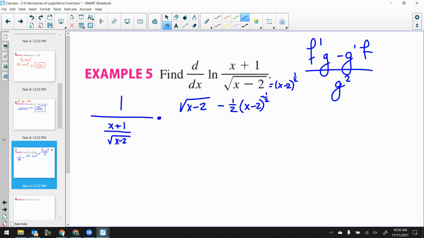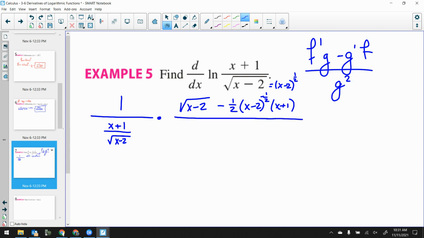Now, you've got to think about this like a chain rule, where we would multiply by the derivative of the inside, because I see some sort of function on the inside. But what is the derivative of x minus 2? 1. So do I even have to worry about multiplying that? No. When you see a chain rule that just has an x plus or minus a number, you don't even have to worry about it, because the constant goes away and you're just multiplying by 1 anyway. Now I have to finish out my quotient rule by multiplying by f.